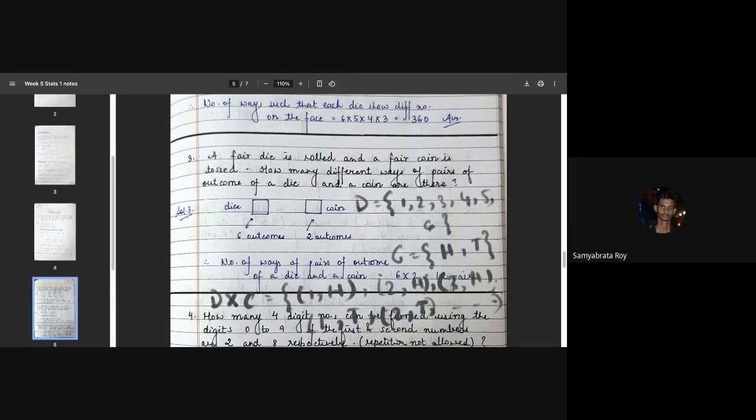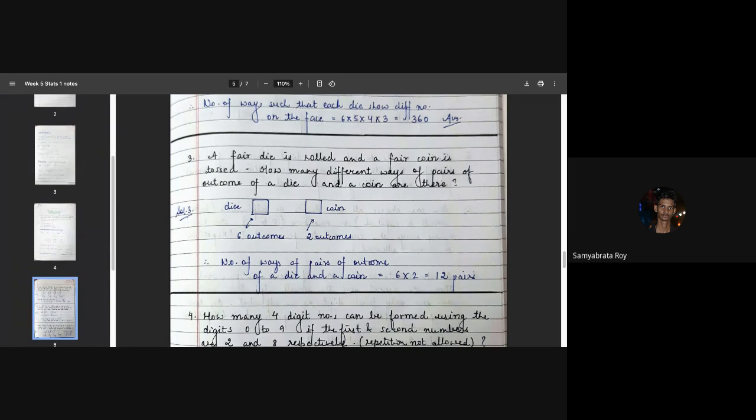So we'll have 6 different elements with head as the second component, and 6 different outcomes with tail as the second component. So what will be the cardinality of this cross product? This will be 12 only. From this point of view, you can also visualize this problem.